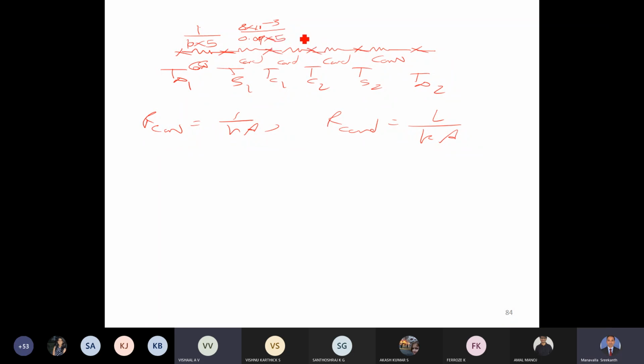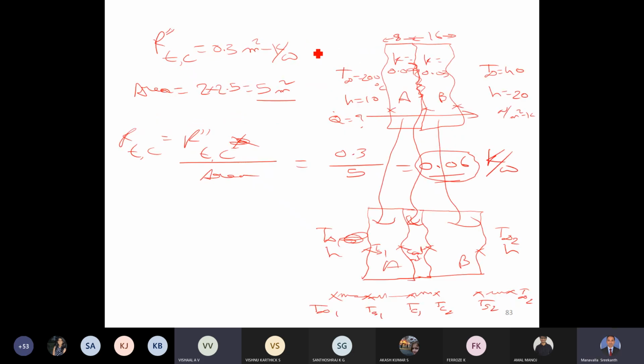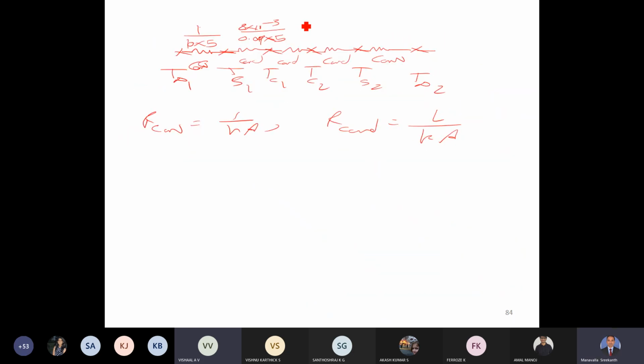Then the second conduction resistance: the thickness is 16 millimeters and the conductivity is 0.03, so 16 multiplied by 10 power minus 3 divided by 0.03 multiplied by 5.